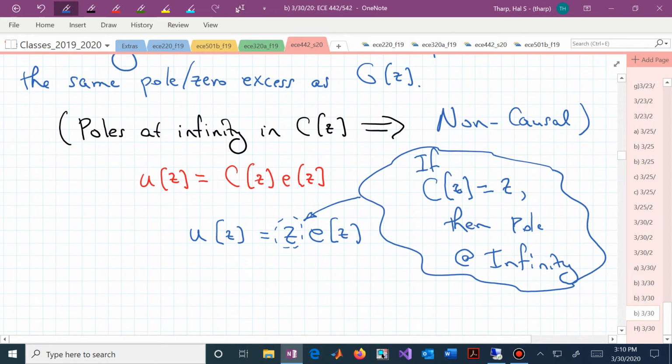Because if C of Z is equal to Z, as Z goes to infinity, what happens to C, that transfer function? It goes unbounded. That's the definition of a pole. So that's now a pole at infinity.